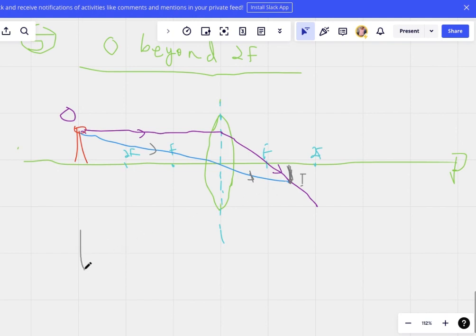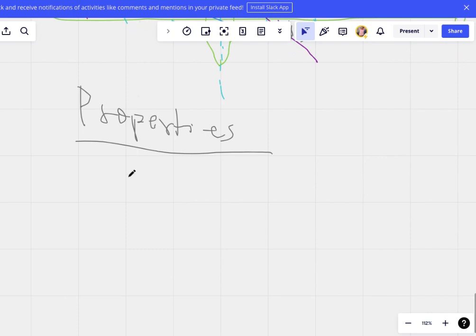So if you look at the properties, we can talk about it quickly. For this one, number 1, opposite side.